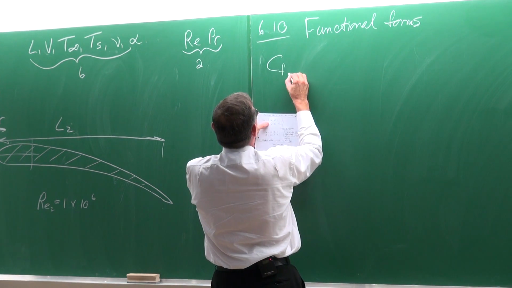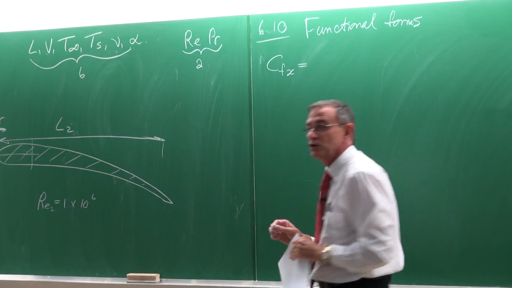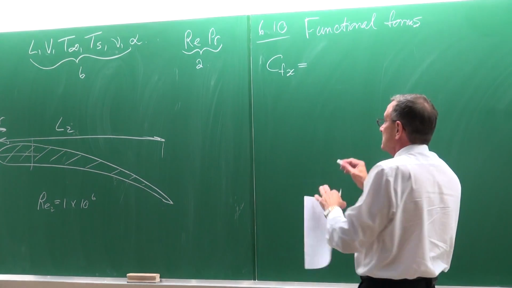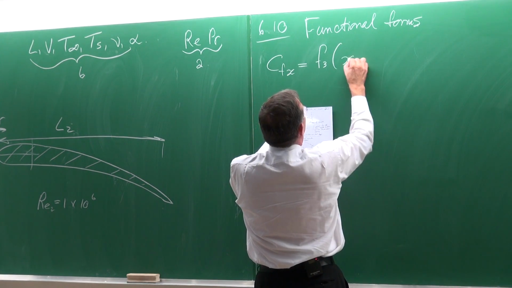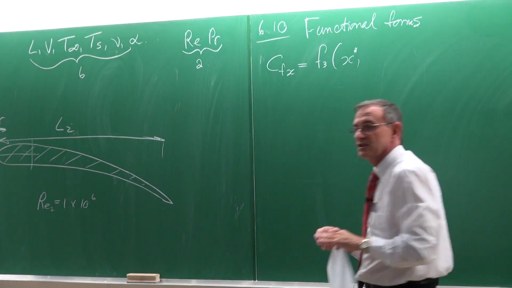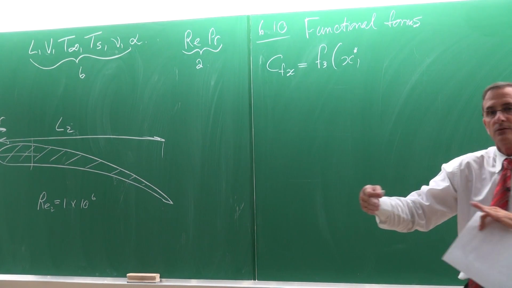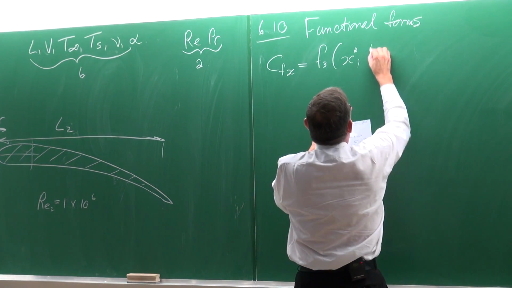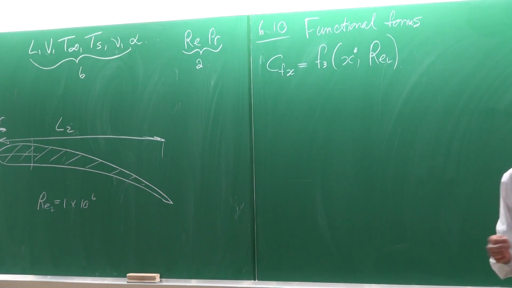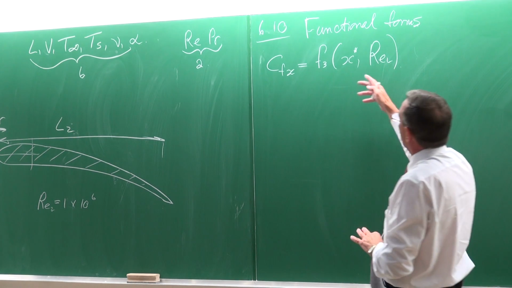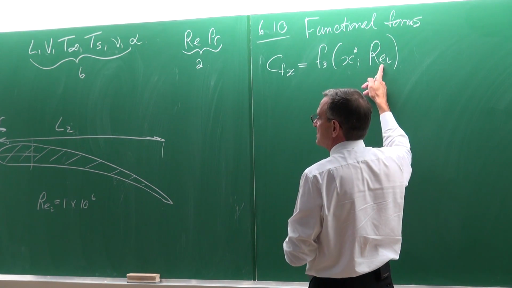What they do is indicate that the friction coefficient at a specific point X is some function of X, the distance from the leading edge, and the Reynolds number. So the drag is only a function of X and the Reynolds number.